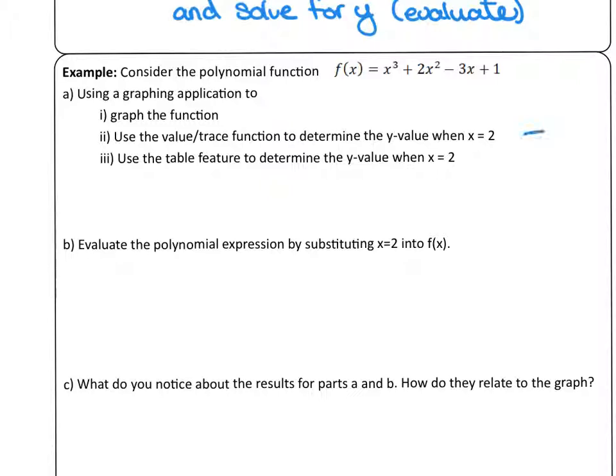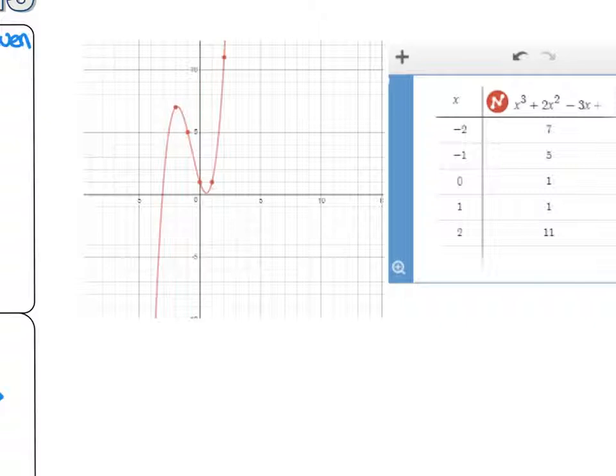I actually did this in Desmos. You guys can try it in Desmos. Just put this equation in, and you should get the same screens that I did. So I'm going to move over and show you what I got.